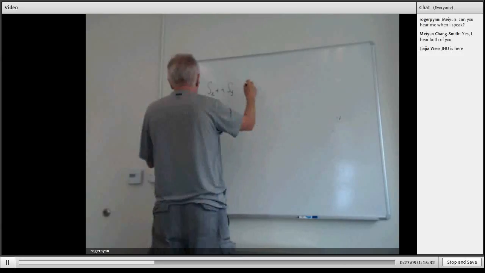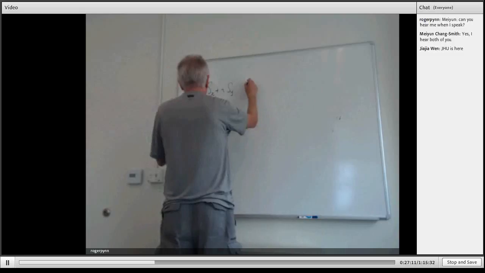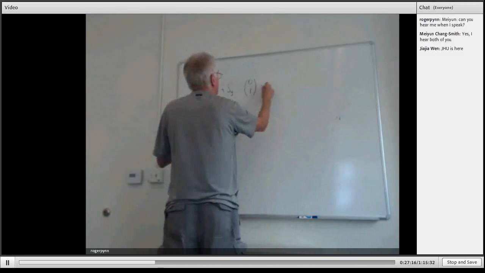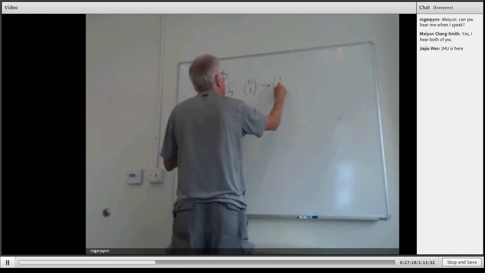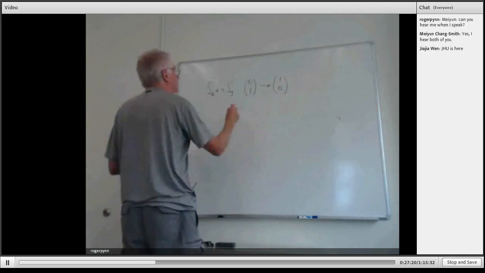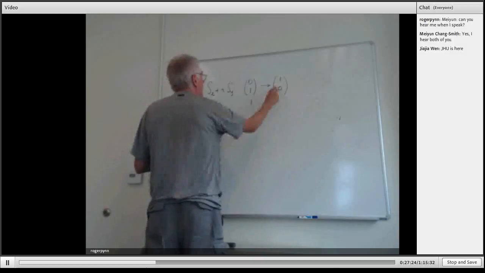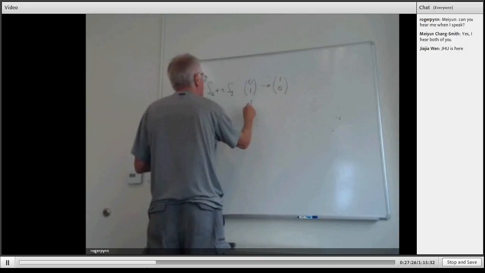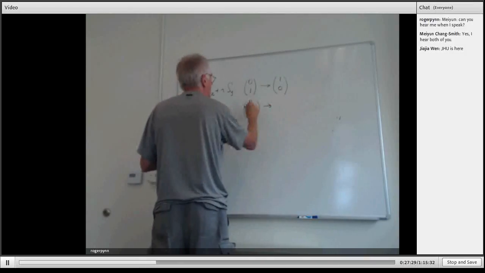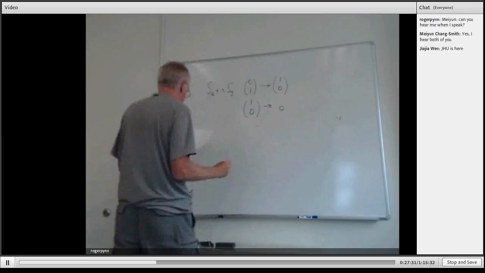What you can easily convince yourself of is that if you take a 0-1 state, it's going to go to a 1-0 state. So that operator converts a 0-1 state to a 1-0 state. If you apply it to a 1-0 state, you get 0.